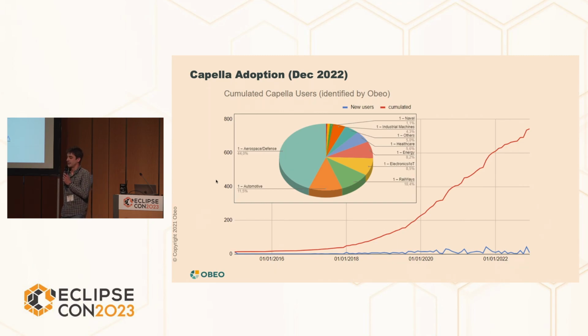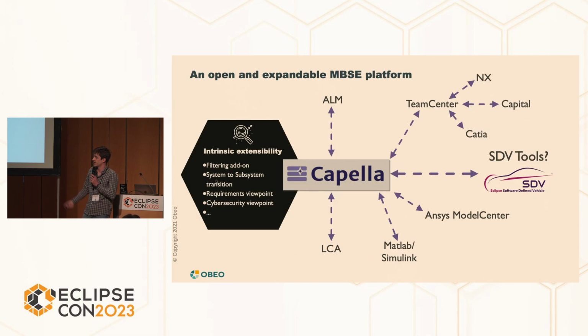And nowadays it's really a reference in the world of systems engineering and MBSE. We know over 700, I think, users or organizations worldwide that use Capella. And as you see here, a lot of them are in aerospace and defense, the majority, but also a lot in the automotive industry. So just to say that Capella today is really a reference in the world of systems engineering.